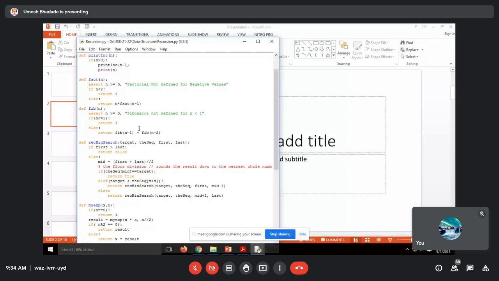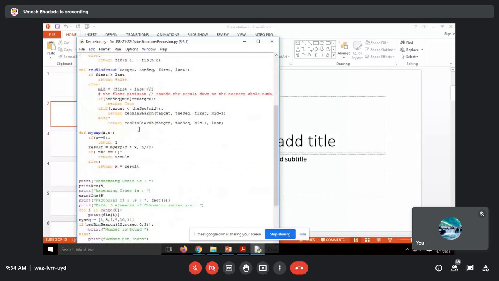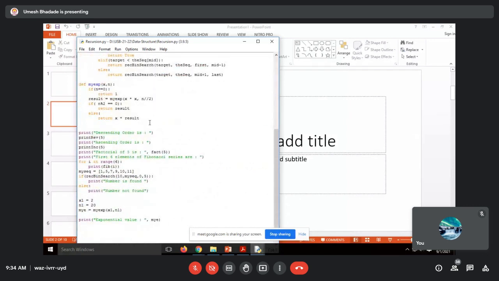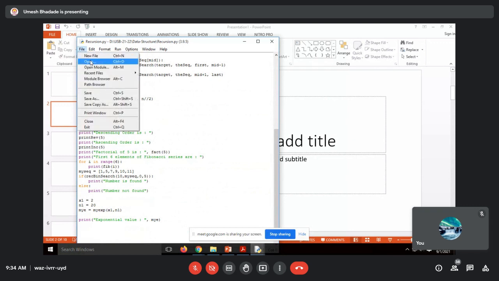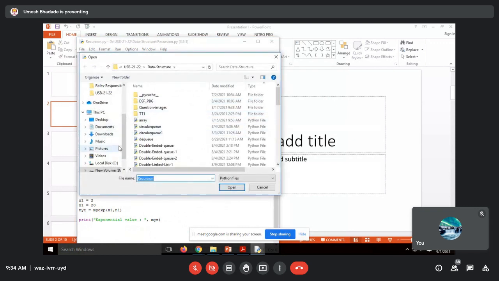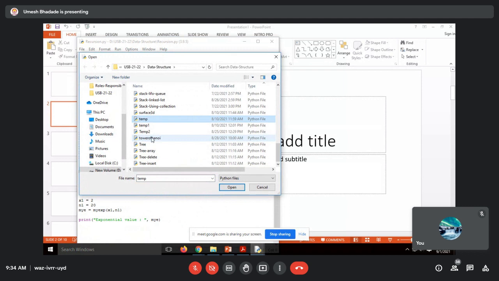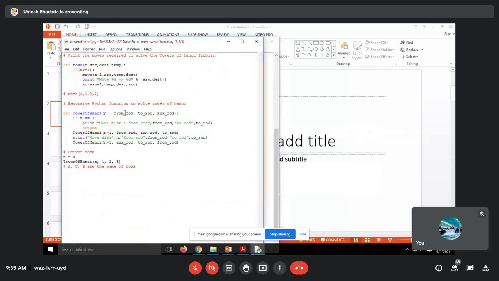Okay, Tower of Hanoi. Okay, fine. So see, very first, what is the value of n we have considered here? The value of n considered is 3.